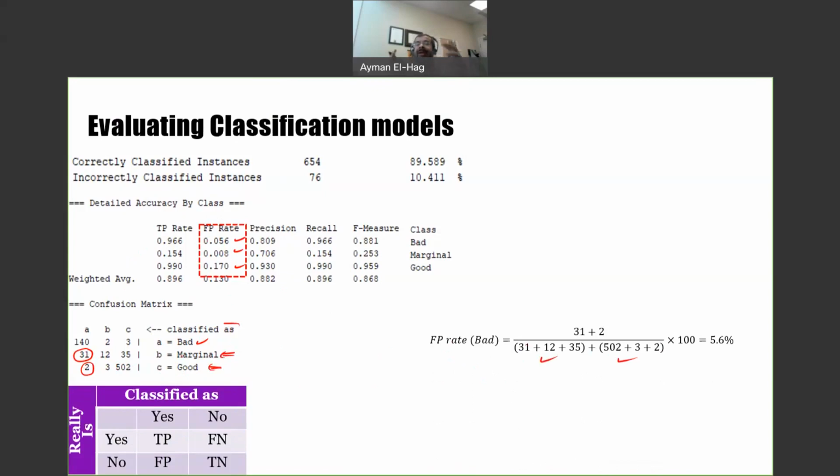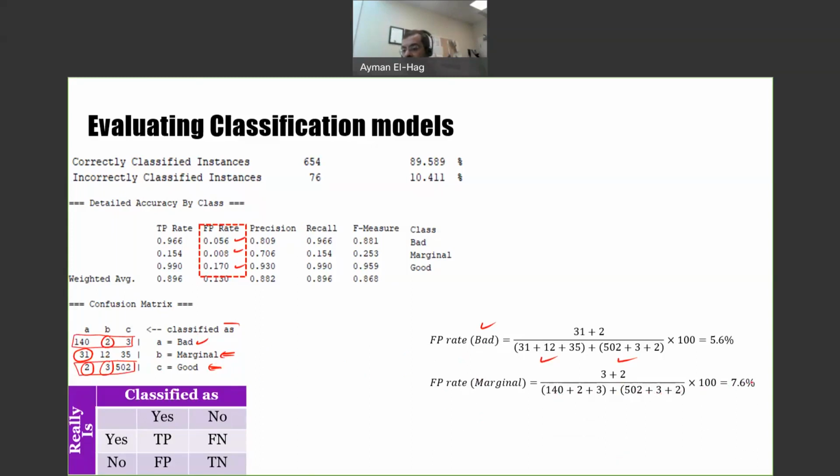So among all these cases from those two other classes than the bad, we have 31 plus 2 that were misclassified, and this we call the false positive. Same thing for the marginal. Now for the marginal, we have 3 and 2 that were misclassified, divided by the summation of the whole class, where the misclassifications happened. So it was 140 plus 2 plus 3, 502 plus 3 plus 2, times 100.